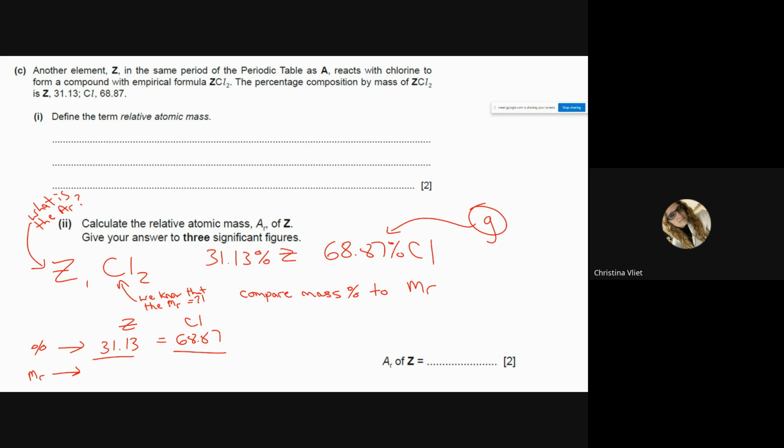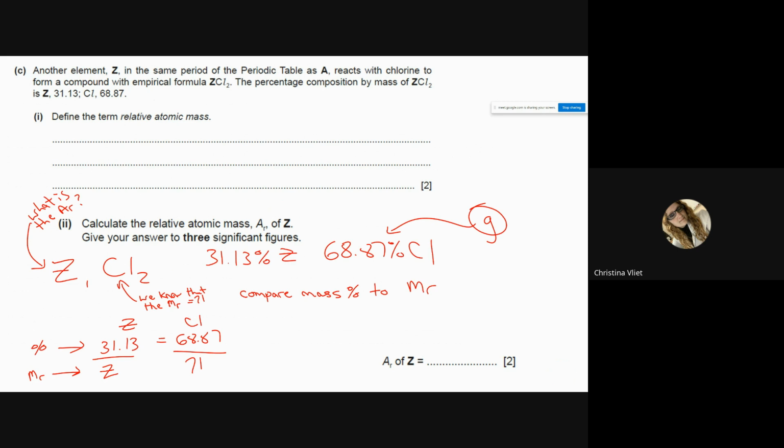I know it for chlorine. I know that it is 71. So the question is asking in a very convoluted manner, what is the relative mass of whatever Z is? And so we would call this our X or our unknown.